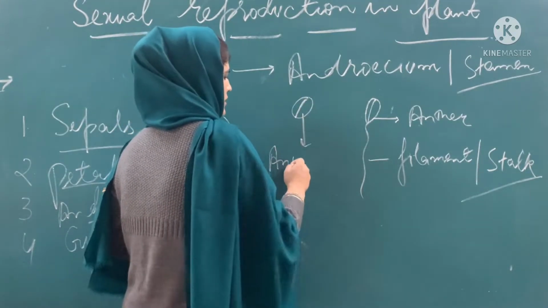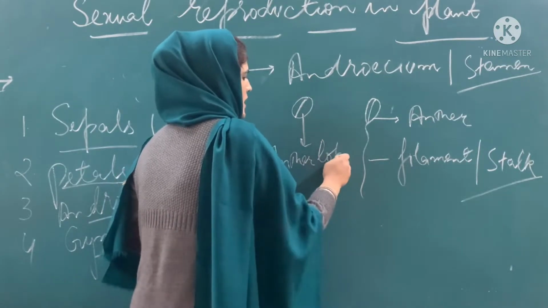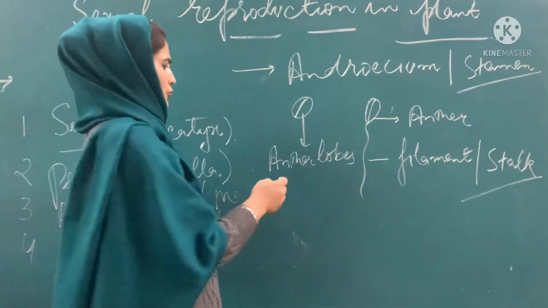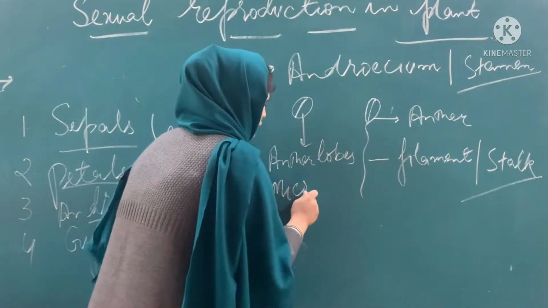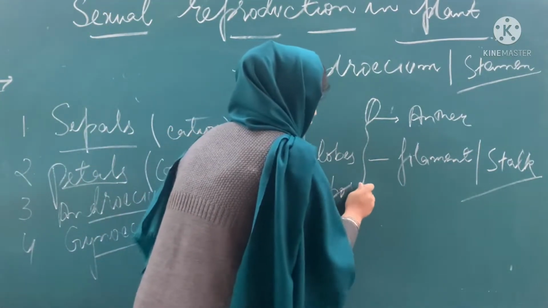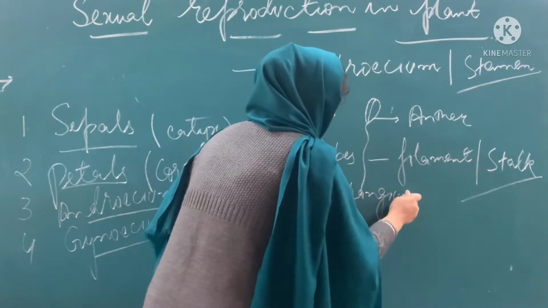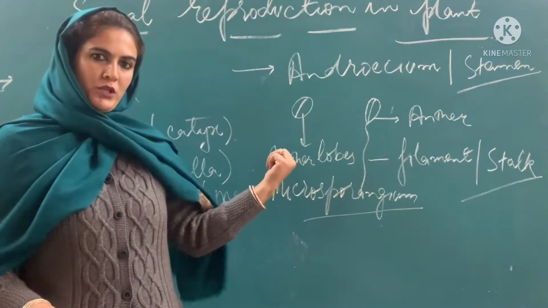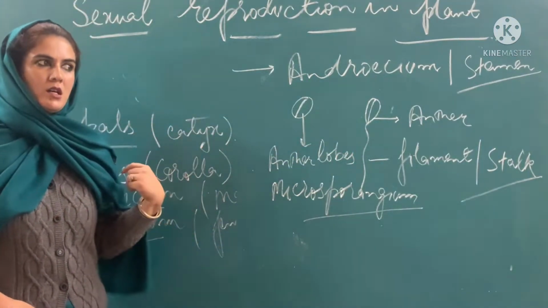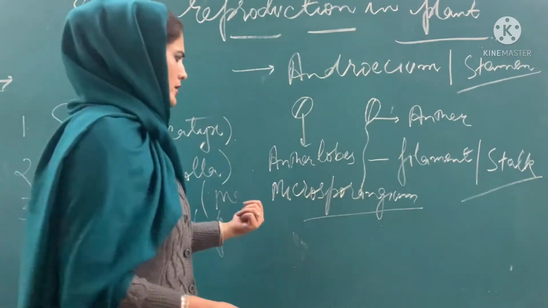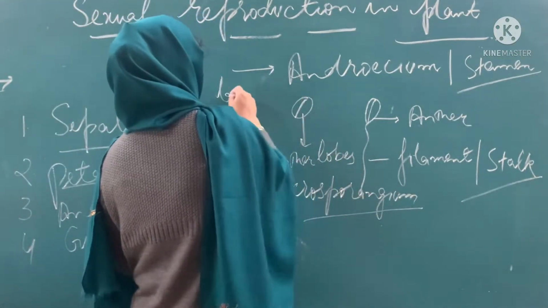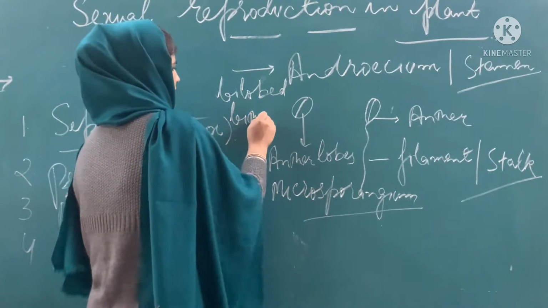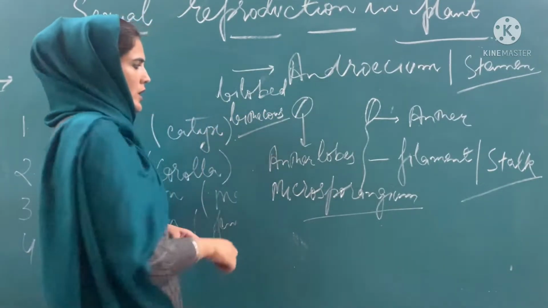These are anther lobes, and they are also known as microsporangium. You can see there are two of them. We call it bilobed, or you can use the term bithecous, because there are two.